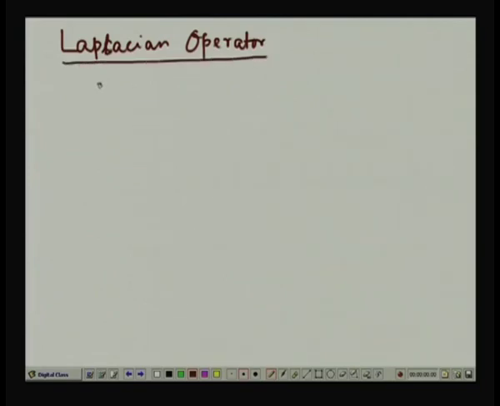As we know, the Laplacian of a function is given by del square f equal to del 2 f del x 2 plus del 2 f del y 2. This is the Laplacian operator in continuous domain. But what we need is the Laplacian operator in the discrete domain.